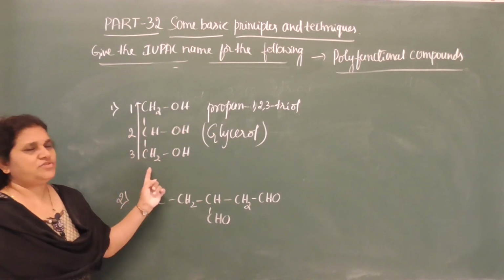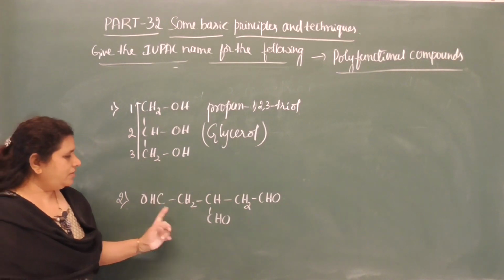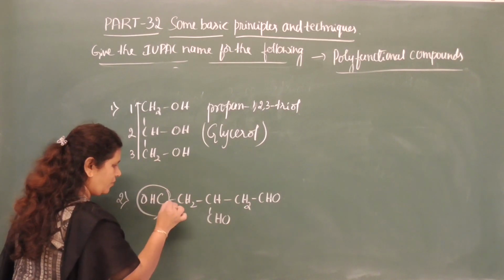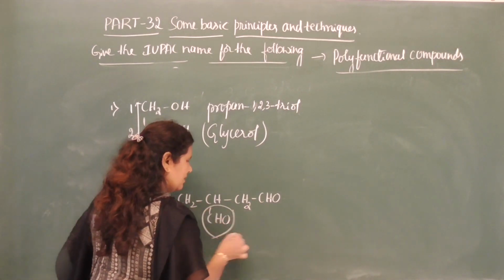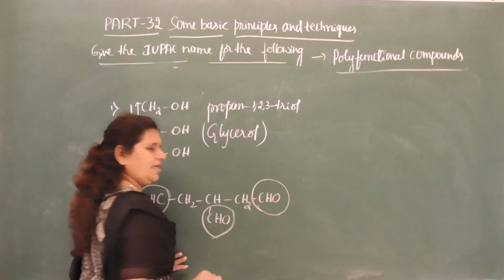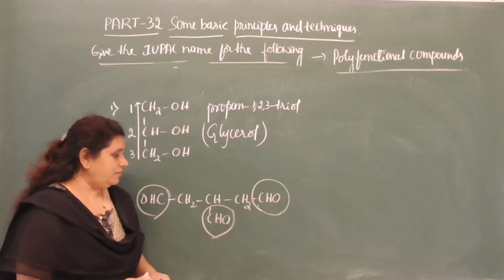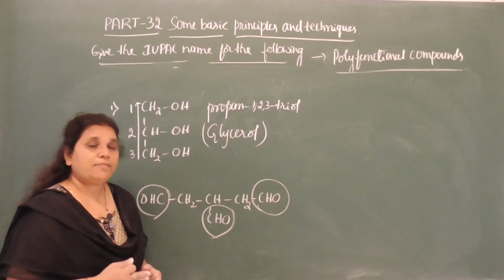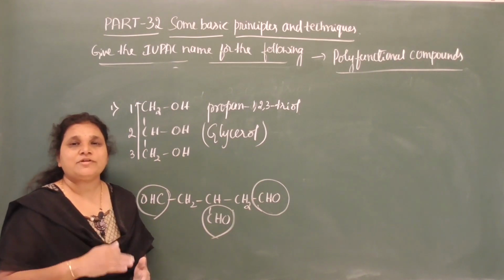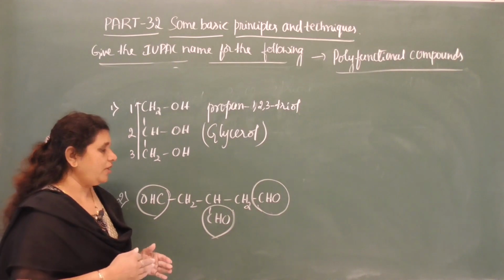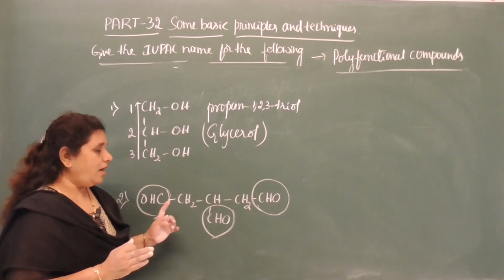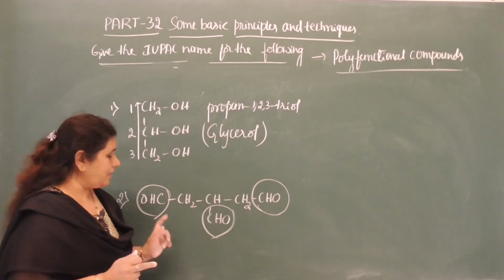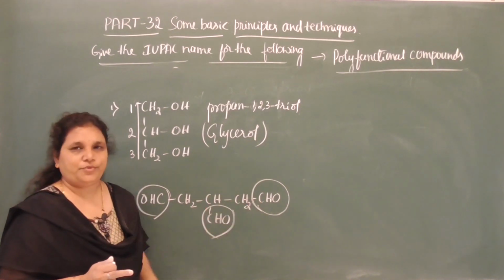This is the carbon chain. Now, 3 CHO groups are there. Aldehyde functional group CHO, CHO, CHO. Now, when more than 2 like carbon containing terminal functional groups are there, we have to name it as a derivative of the parent alkane, where we are not considering the carbon atom in the root word.